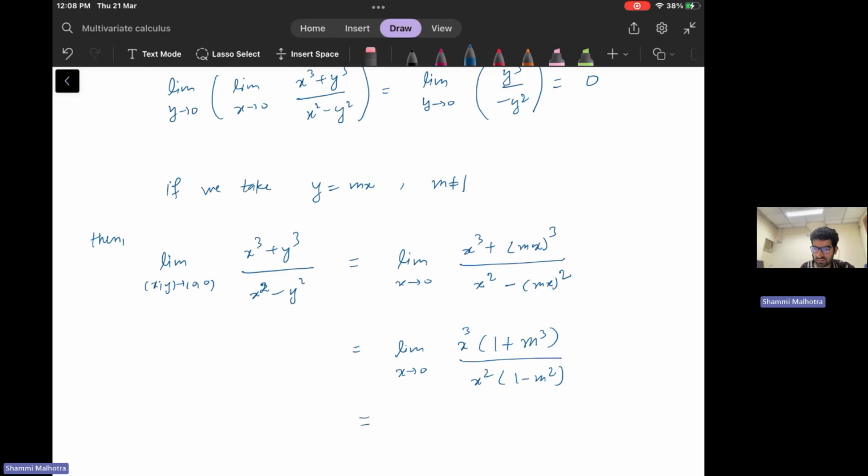Again this will be equal to 0 only. So from all straight lines we are getting the value to be 0.